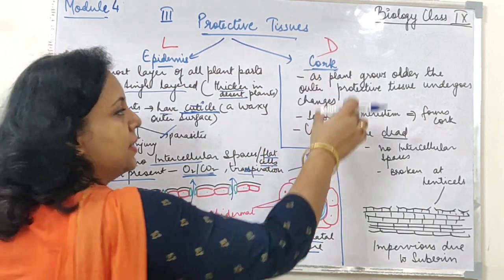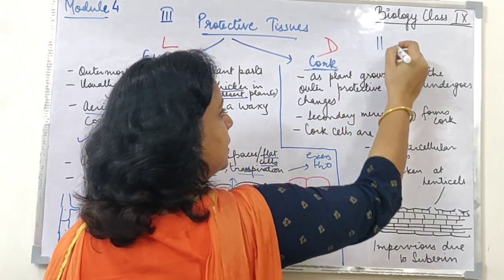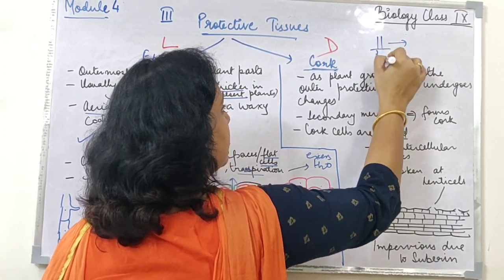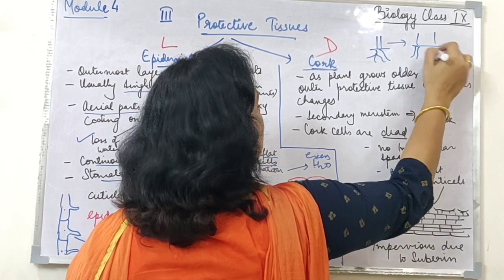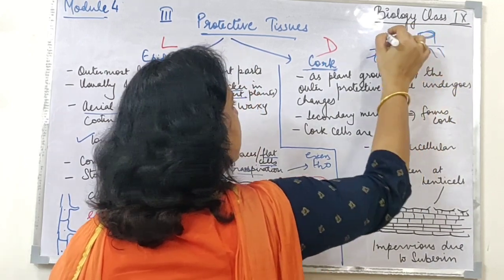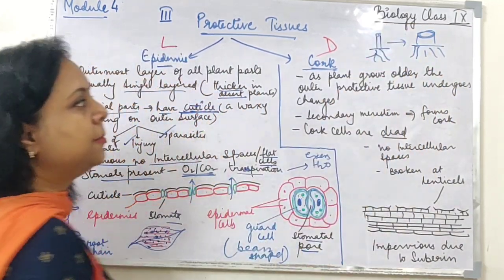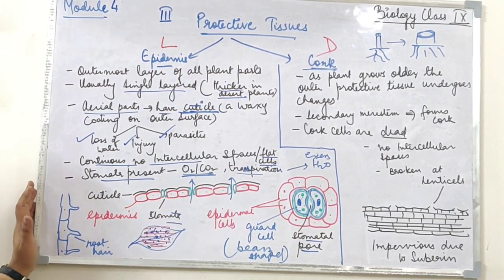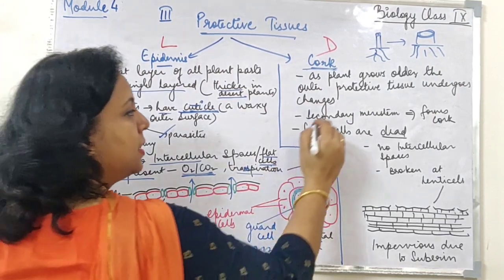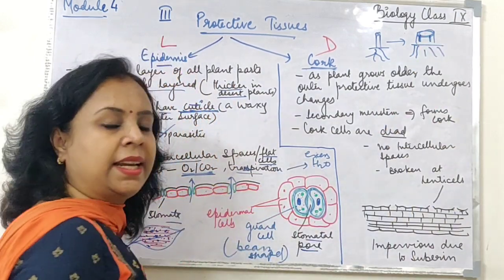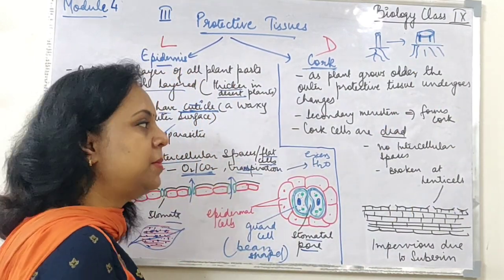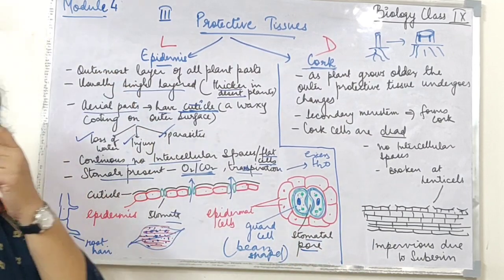The roots and stems, they are becoming thicker. Suppose this was in the beginning, and now the plant has become thicker. If you can see, the trunk has become wider. So what happens? Within this, the secondary meristem or the cambium starts playing its role.